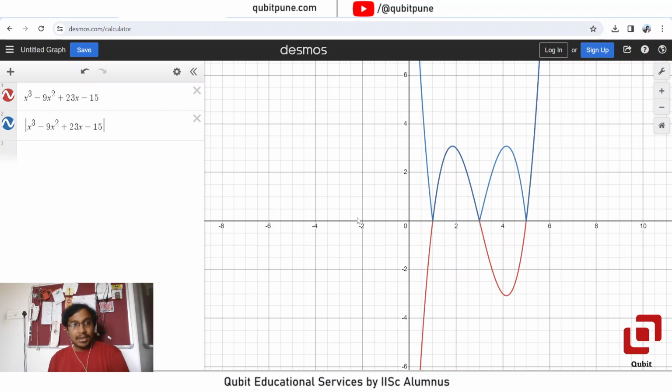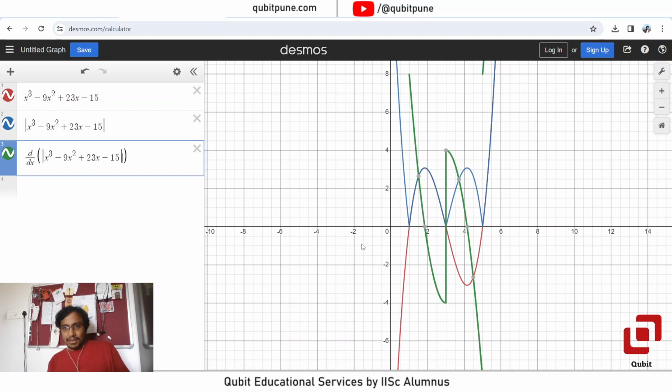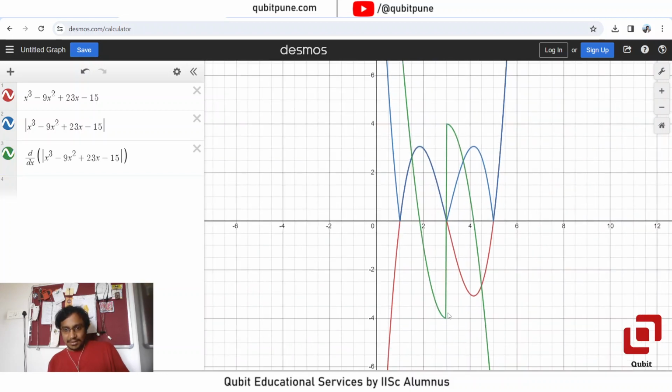Now let's see if we can find the derivative of this function at 1. Now see, it is showing exactly vertical, so from this it's not going anywhere. Here from the left, the derivative is -4, but from the right the derivative is positive 4.